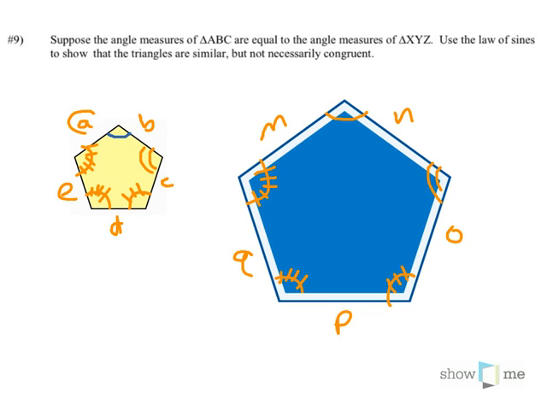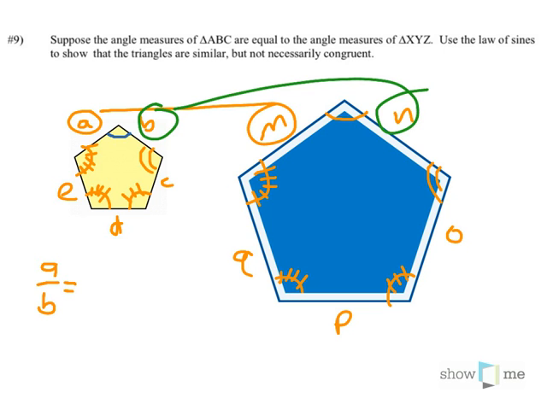What that means is if I take two corresponding sides like A and M and write them as a fraction, that has to equal another pair of corresponding sides written as a fraction, which in turn has to equal another pair of corresponding sides written as a fraction.